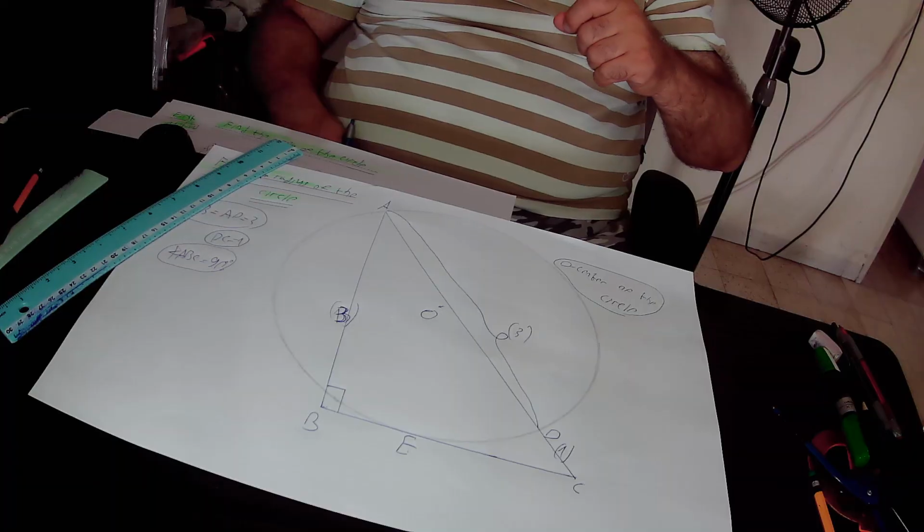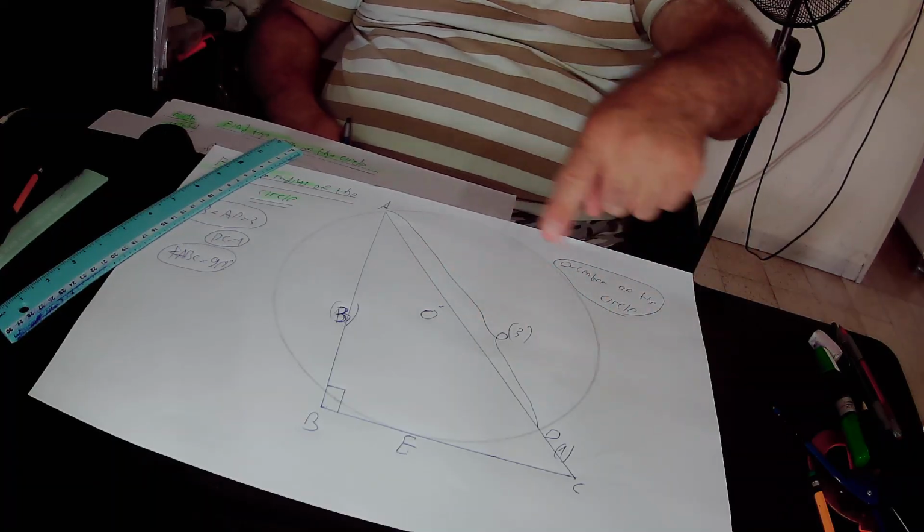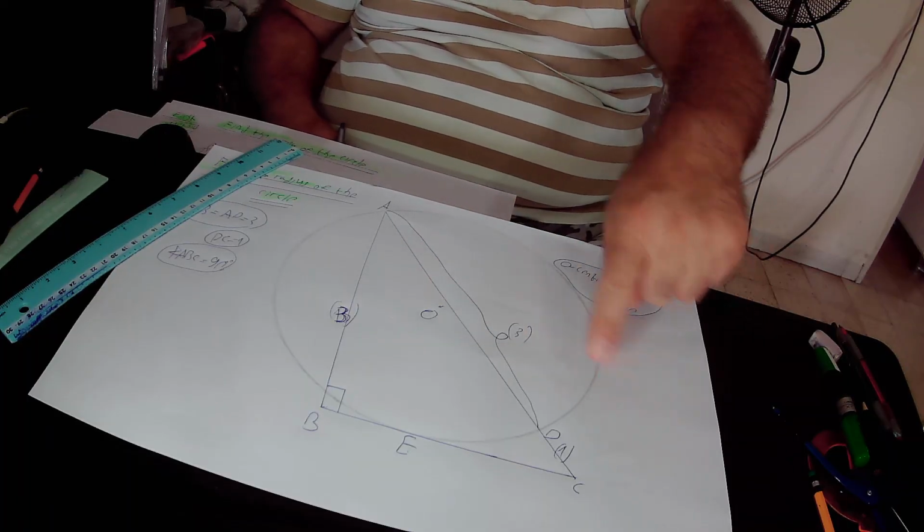According to rule 25, we get that CE square equals to CD times CA.